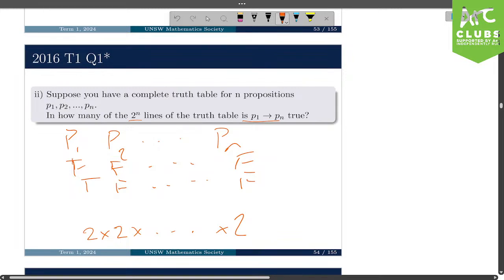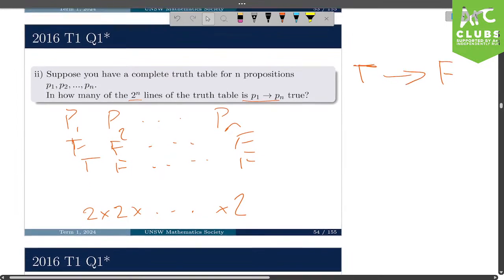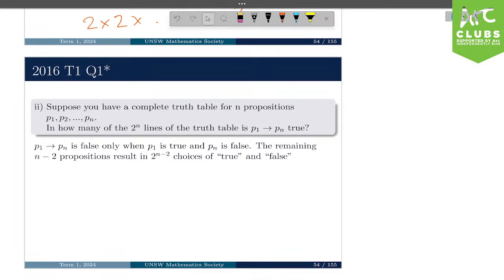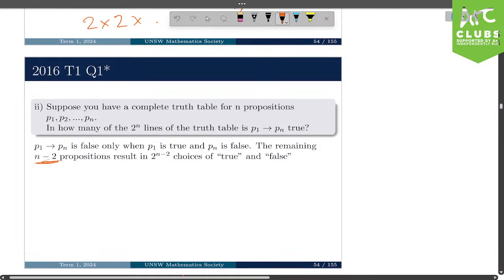Now we want to know for how many of these this is true. Recall, again, for the 3rd time I'm saying, the only time an implication is false is when you have true going to false. And so we're going to take the negation of the statement, and find the number of times it's false. So you can see here, this is when the statement is false, and the remaining n minus 2 propositions, where this is true and this is false, result in 2 to the n minus 2 choices.